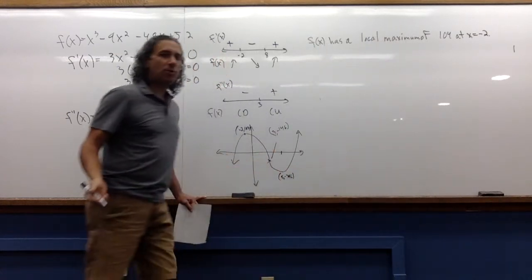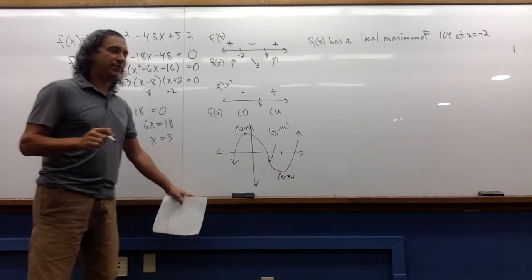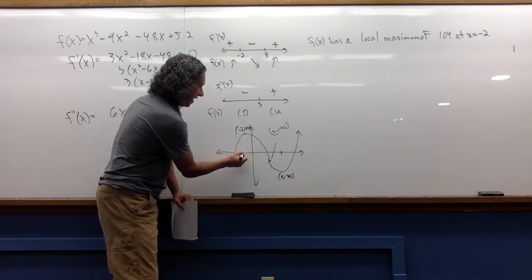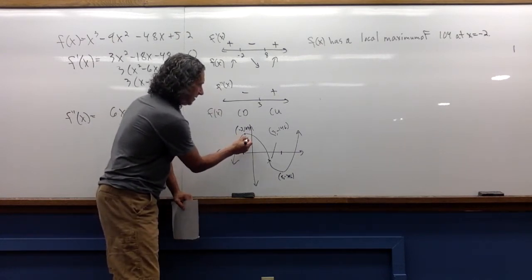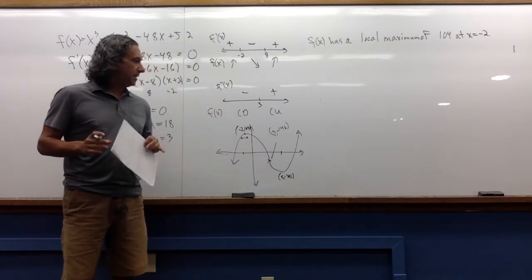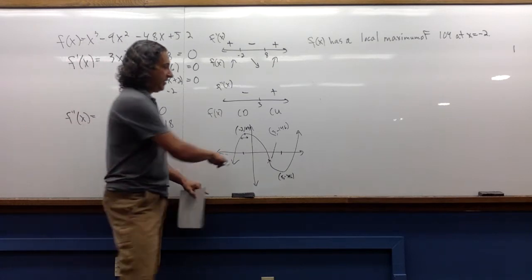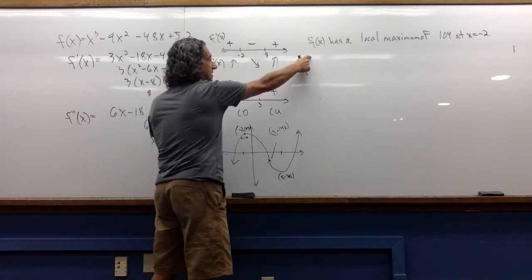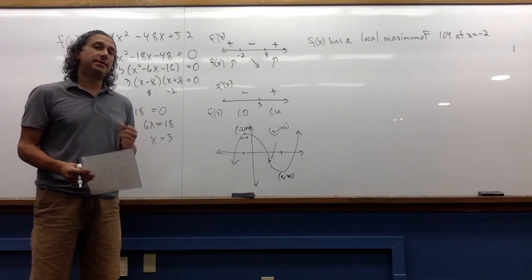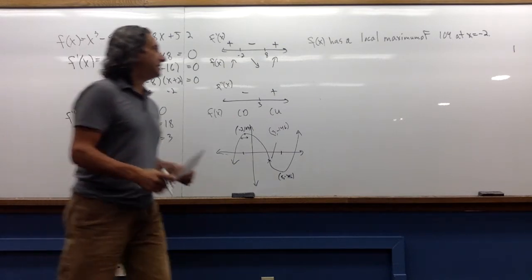So when I say local, again, hopefully you've seen this in pre-calc, but the idea is that when I'm close to this x value, if I looked on either side, I'm a local maximum, close by I'm the highest point. Now, it doesn't mean I'm the highest point, and in fact, if you keep going, this thing is going to blow up to infinity, so that's not the highest point, but locally, or close by, it's a maximum.